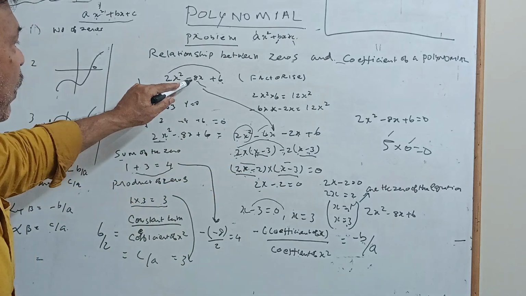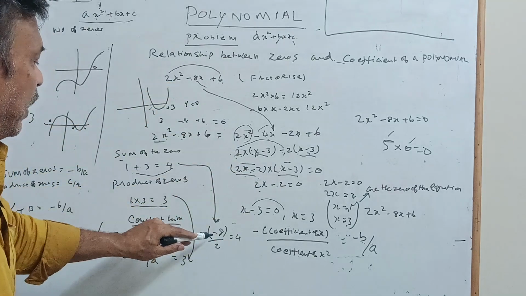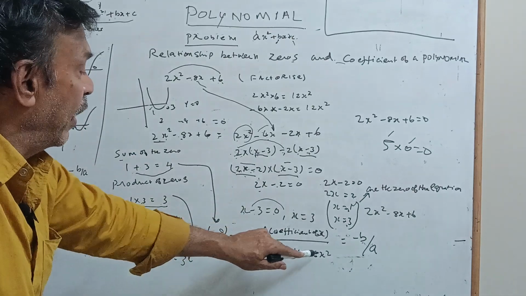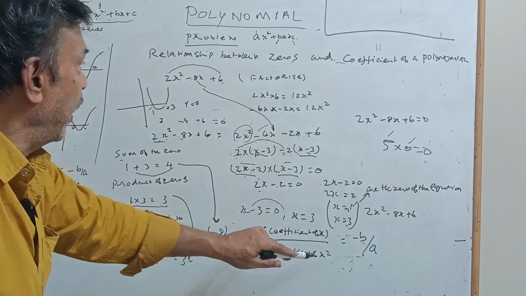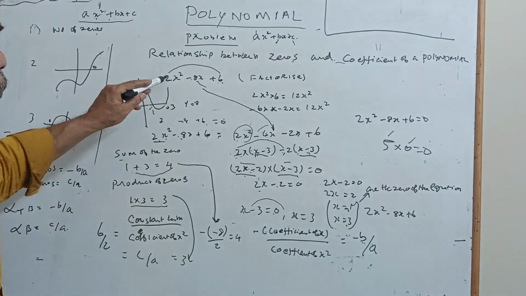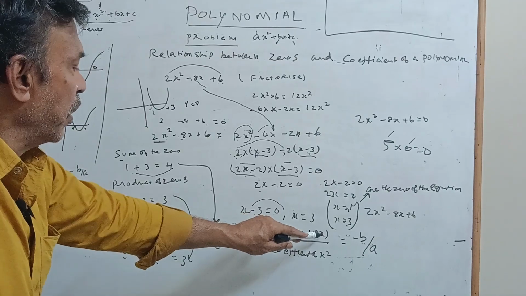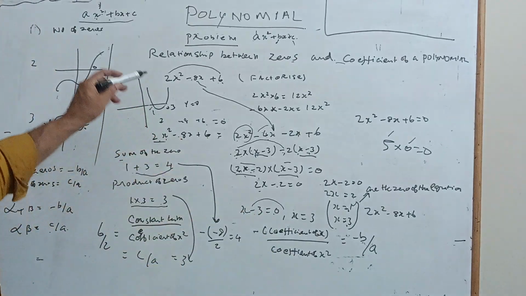The coefficient of x is minus 8. Minus of the coefficient of x, then divided by the coefficient of x squared. The coefficient of x squared is 2.